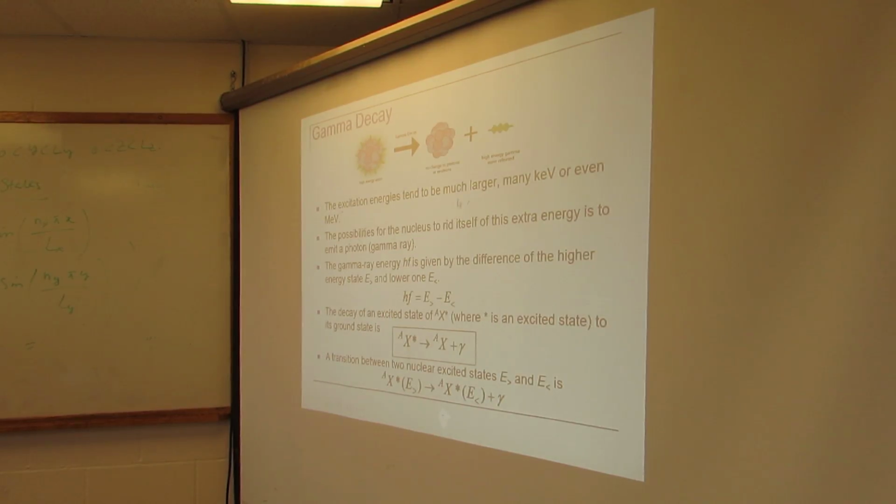Okay? Then in the gamma decay, the atom is going to be exactly the same, but we have the emission of the gamma ray that is going to be related with the frequency and the Planck constant, and this is going to depend on the difference between the energy of the different states inside the atom.